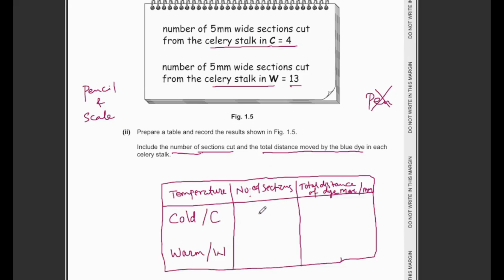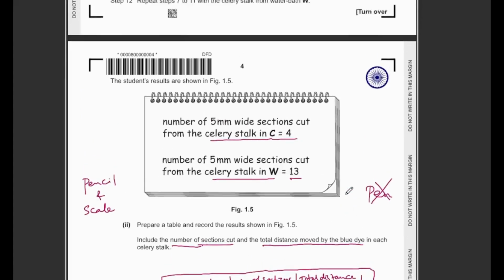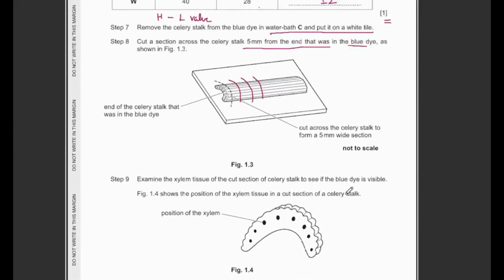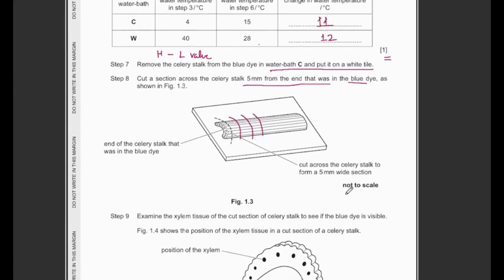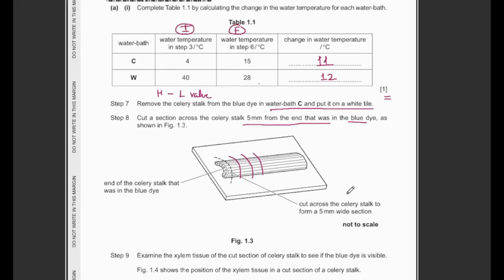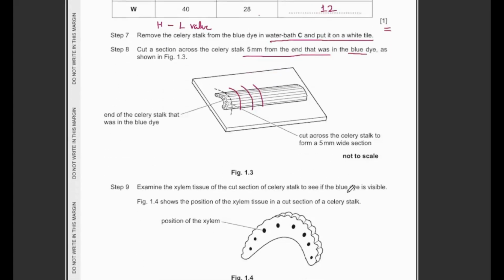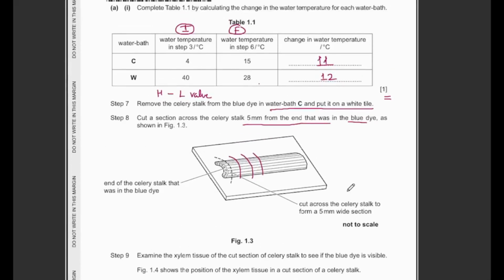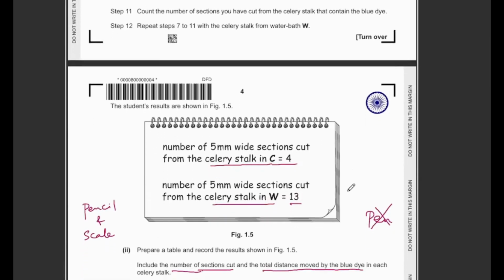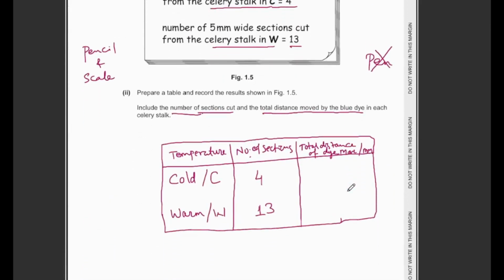Number of sections: C has 4 and W has 13. And the total distance the dye moved, how much? How do you give this? Total distance in mm, the first one is C. Any idea? The total distance the dye has moved.